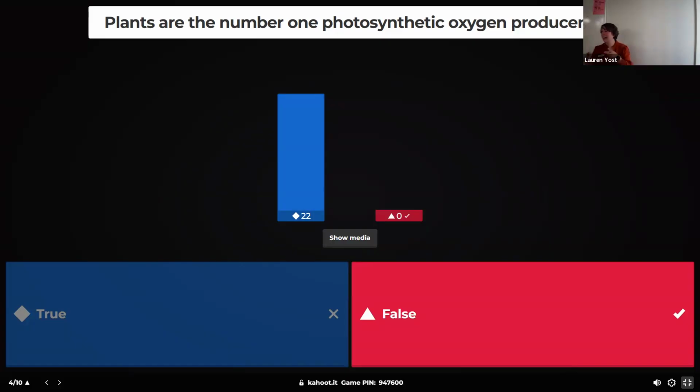So plankton and algae by far outnumber the plants on the planet and make most of the oxygen on the planet. And there's plenty of bacteria that are actually photosynthetic. We call them cyanobacteria. It's believed that when Earth first existed, and there's evidence of this in our soil back billions, not millions, billions of years, when Earth was brand new, we had no oxygen in the environment at all, none.